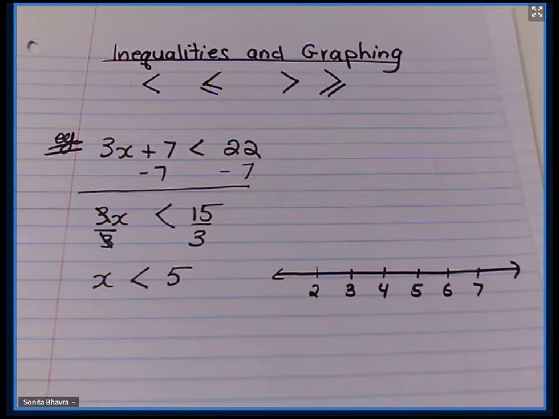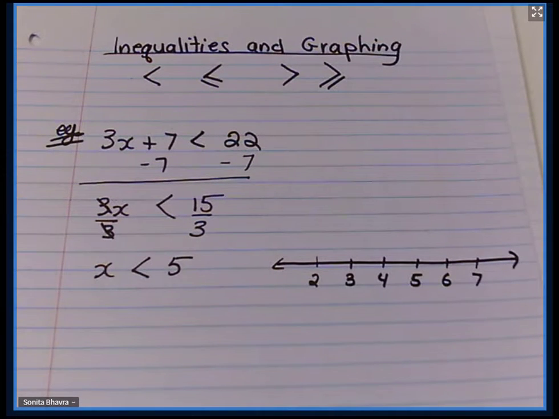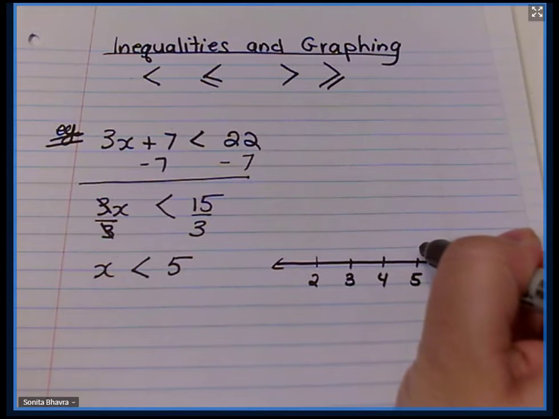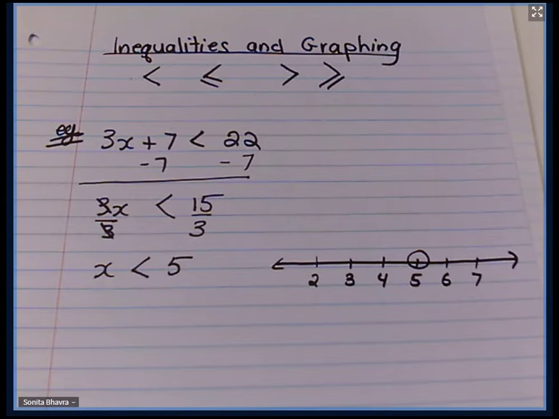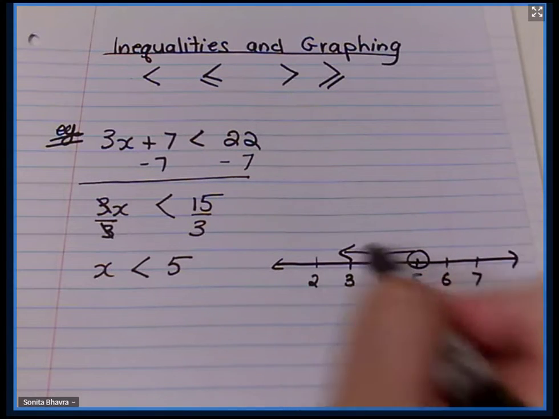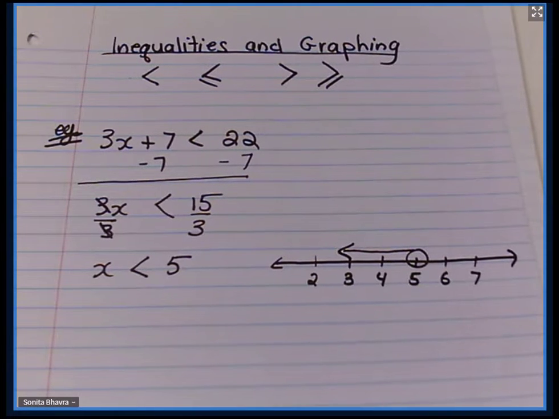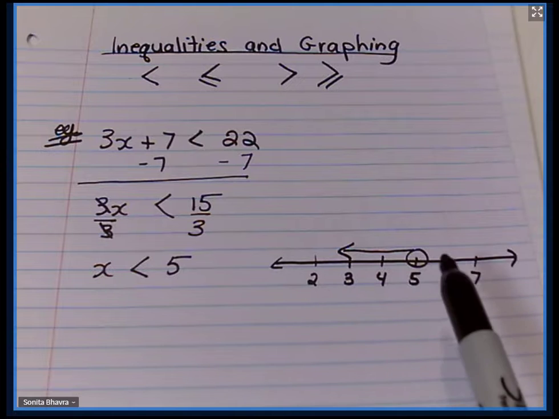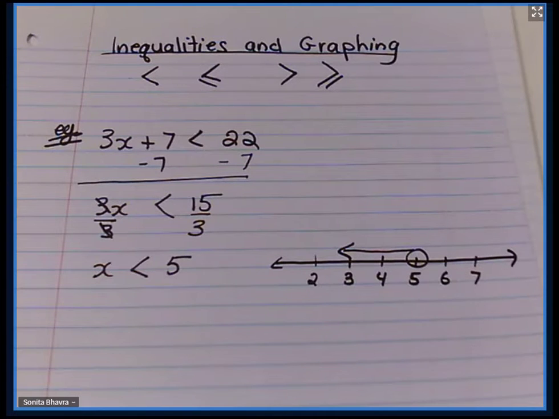I've just started at 2. The first way to show it is using an open dot, like this. It's less than 5, so you have to show that it's going toward the left. If you're going toward the right, it would show greater than.